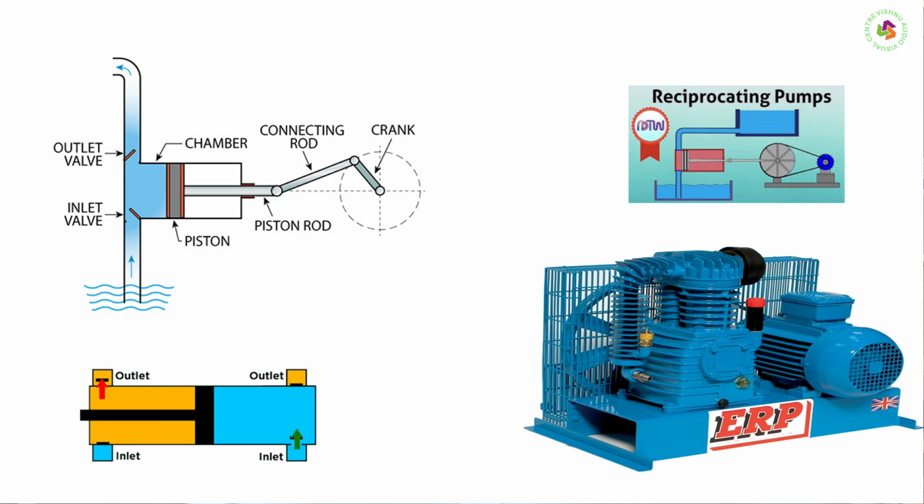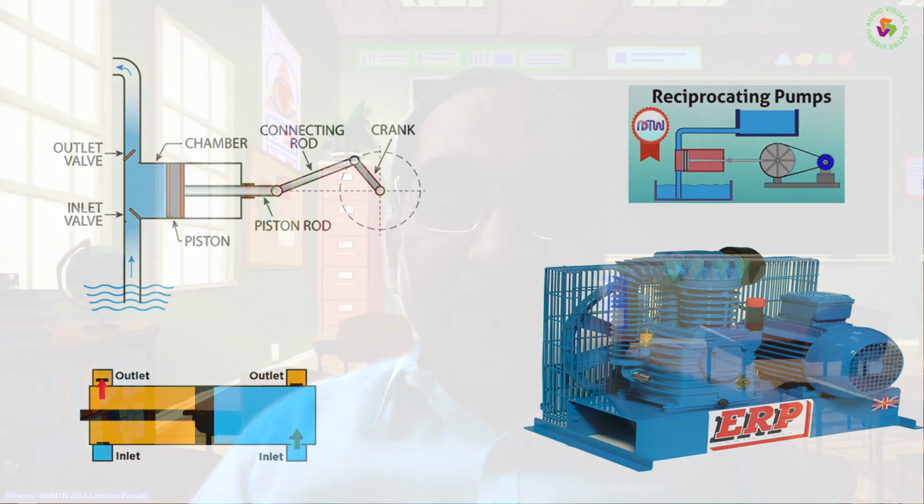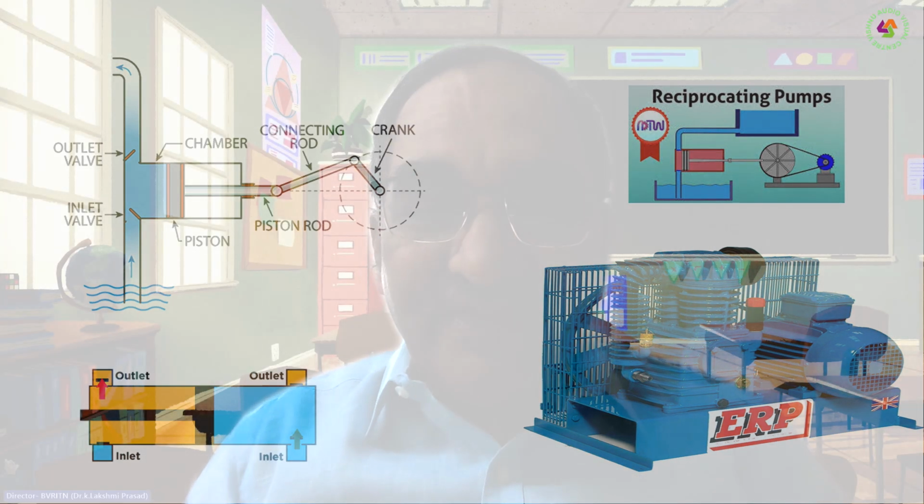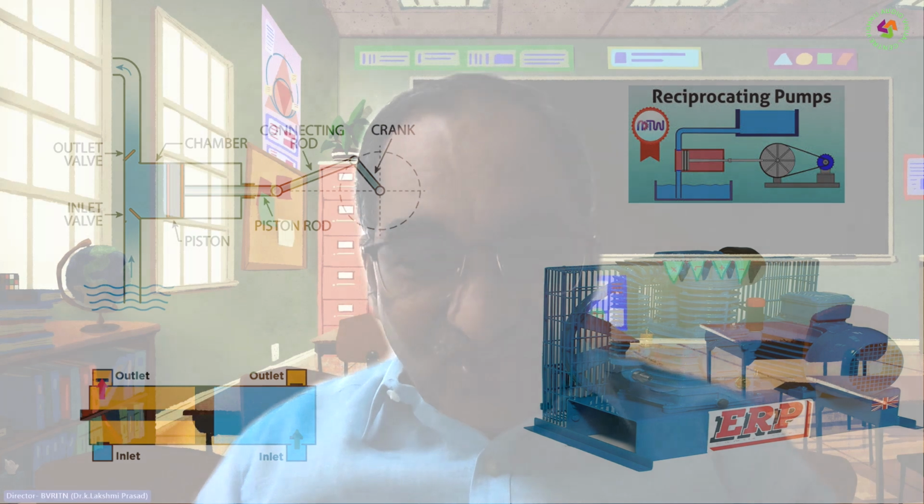What do you mean by hydraulic energy? Hydraulic energy is equal to gamma QH, where gamma is the specific weight, Q is the discharge, and H is the net head on the pump.